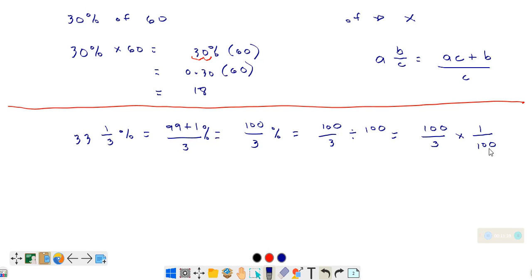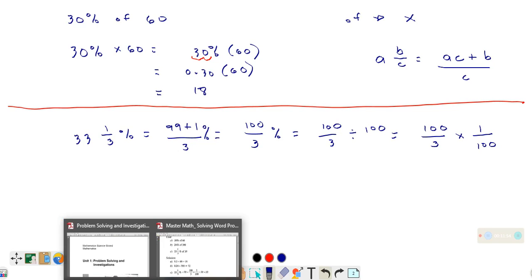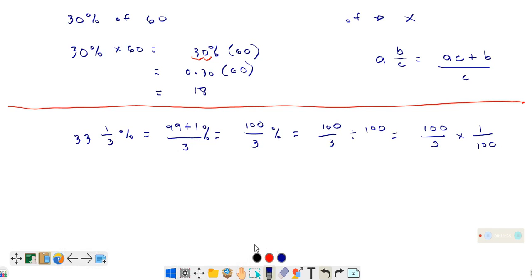Okay? So, meron ka na dito 100 over 3 times 1 over 100. Tapos, idagdag na natin yung of 30. Pwede mo siyang i-simplify na. So, we have 100, 100, 1/3 na lang yung matitira.